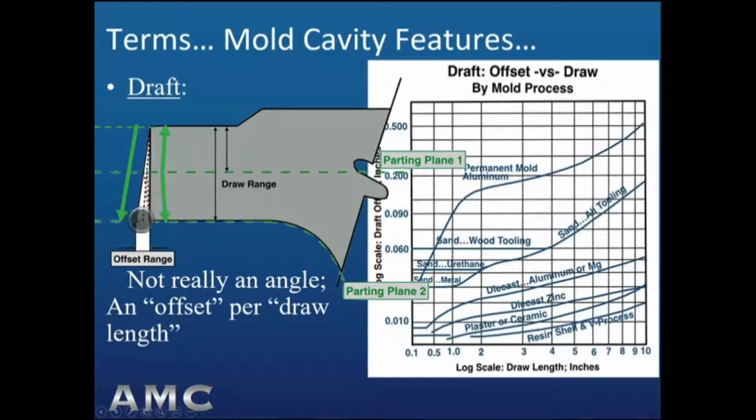So it's not really the angle that we have to control for the sake of dimensional compliance, it's that offset. At the right is a chart that shows the offset amount that's required for differing draw lengths for different mold cavity tooling processes and different types of tooling for those mold cavity making processes.